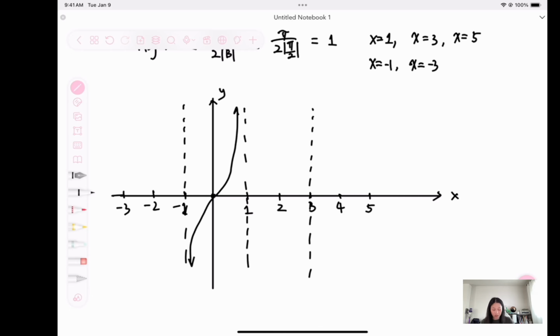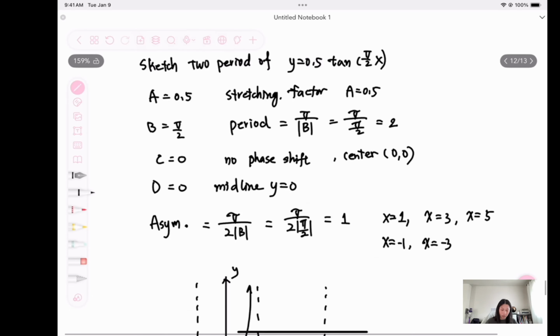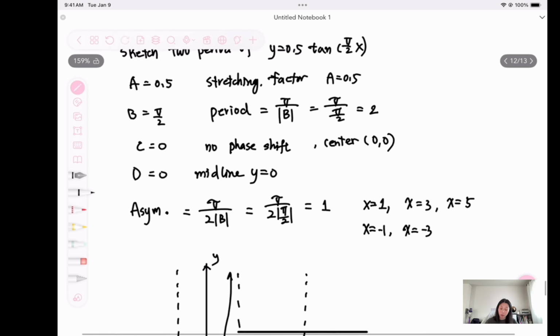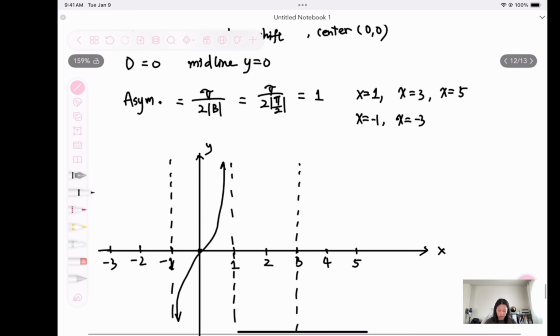Now, we need to label the midpoint. Do you remember the midpoint? What is the midpoint?